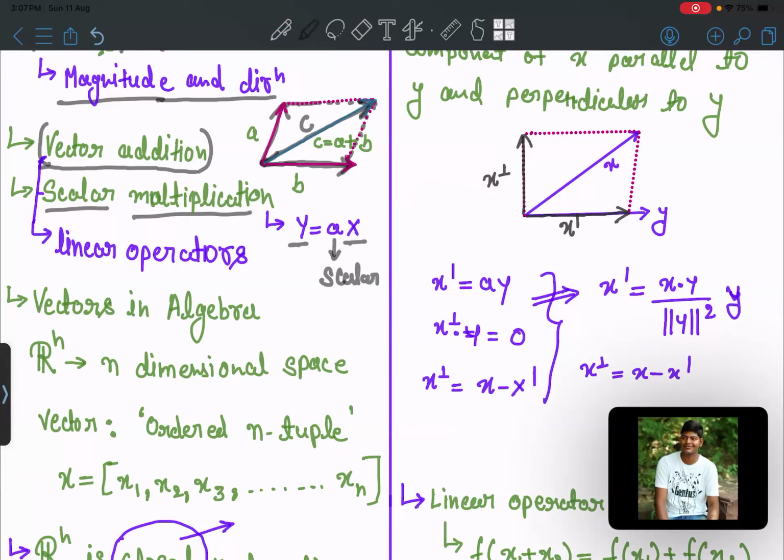And by combining these two, vector addition and scalar multiplication, these two combinedly are known as linear operator.